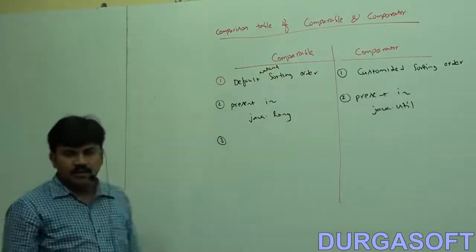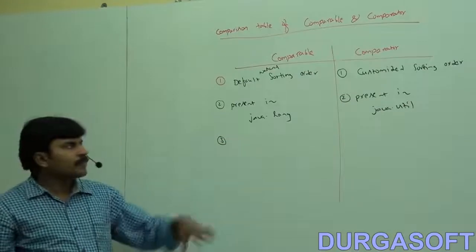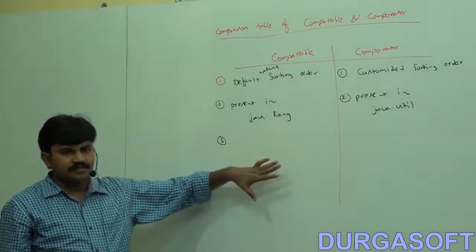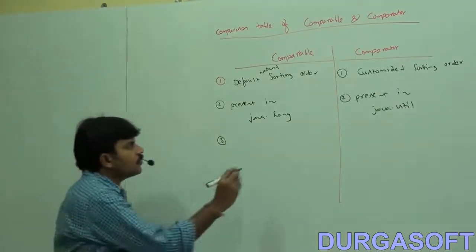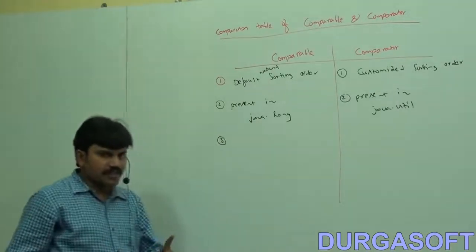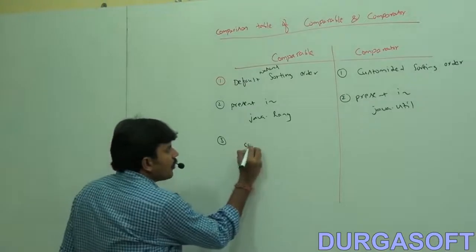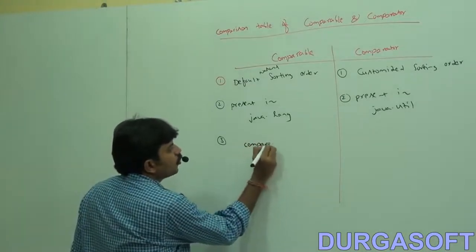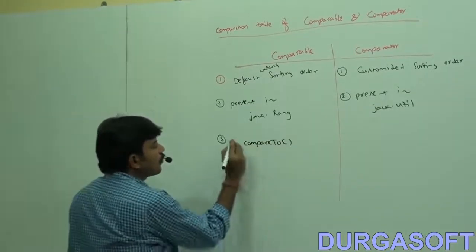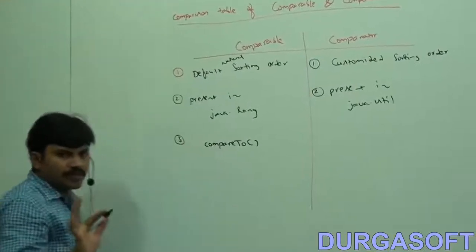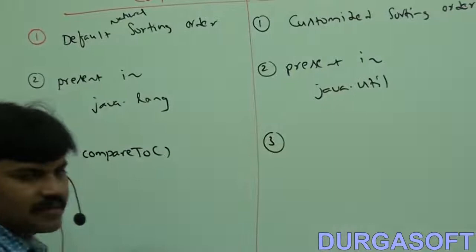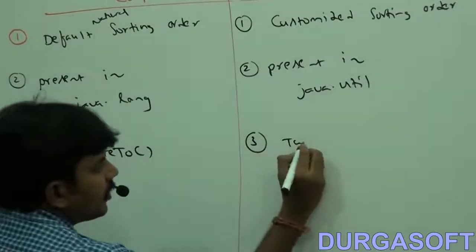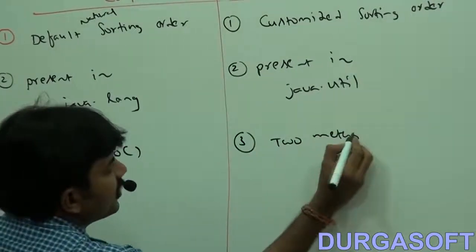Third one: how many methods does Comparable contain? It contains only one method. What is that method? You know, the compareTo method. Only one method, compareTo. But the Comparator interface contains two methods.